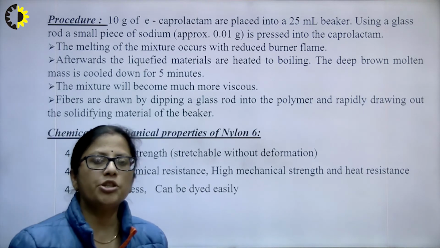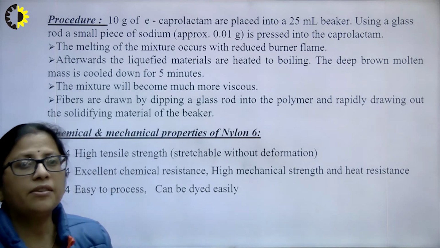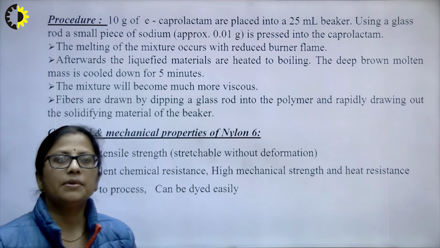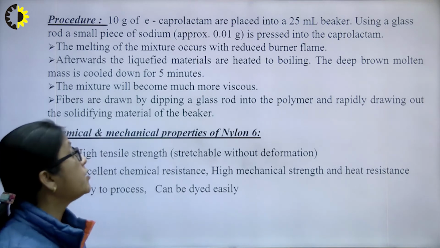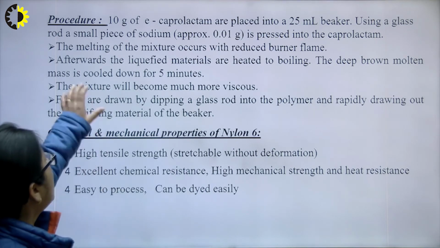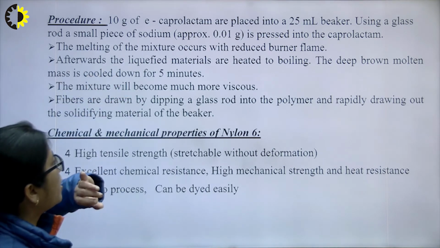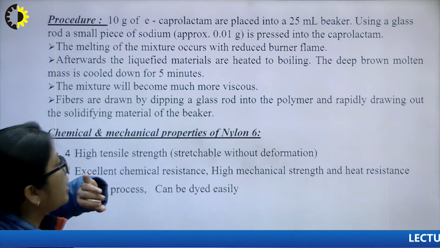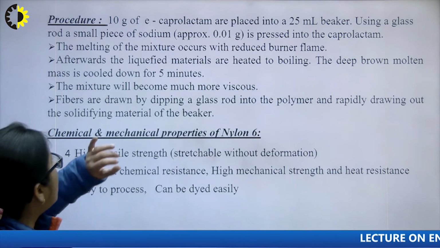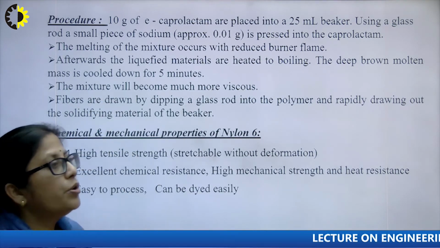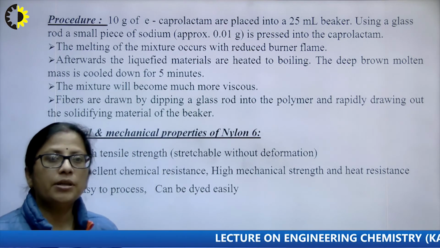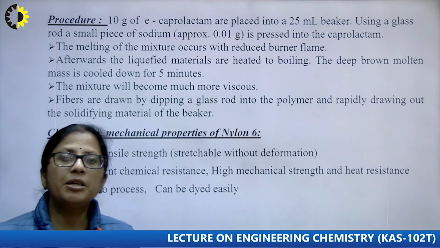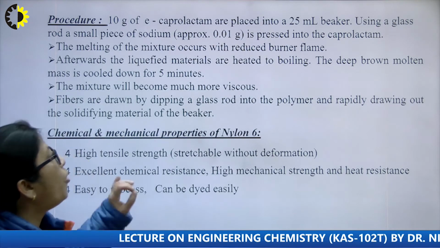Coming to the procedure, we take around 10 gram of eta caprolactam in a 25 ml beaker, and I use a small glass rod to add a small piece of sodium, which is pressed into the caprolactam. The melting of the mixture occurs with a reduced burner flame. So, I melt the mixture, and afterwards the liquefied material is heated to boiling.